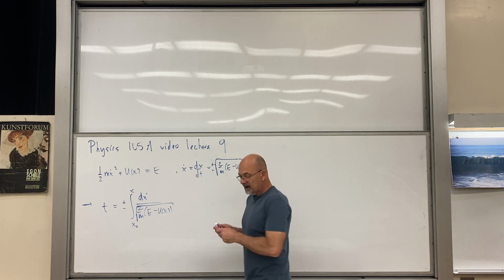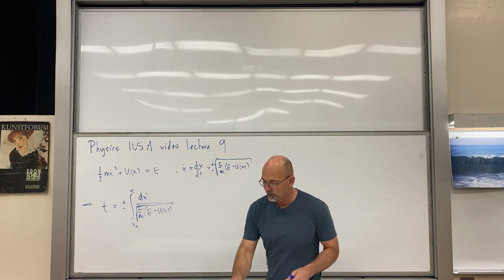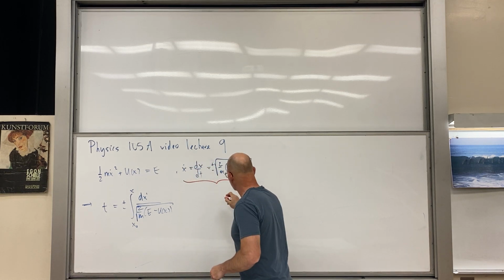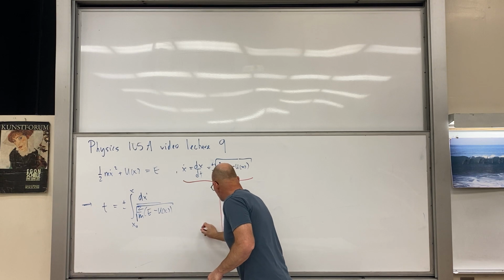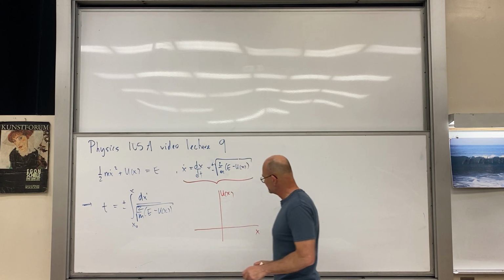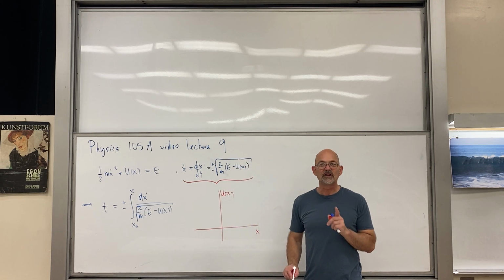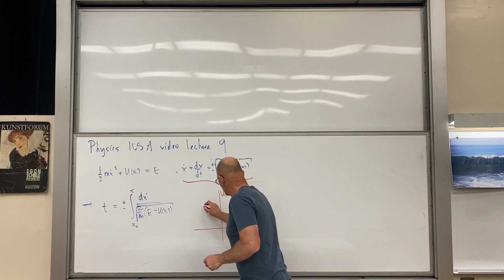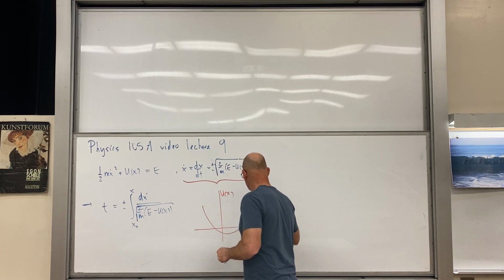So right under here, how about red? Right under here, we can imagine that we have a U of x, a function of x. And this time I'm going to draw a non-symmetrical one, like that.